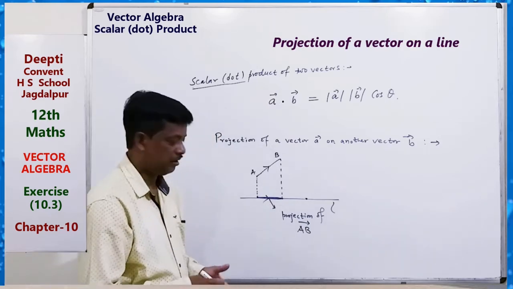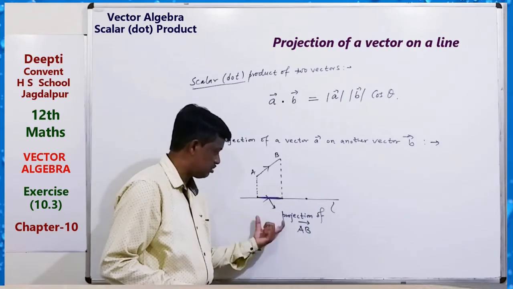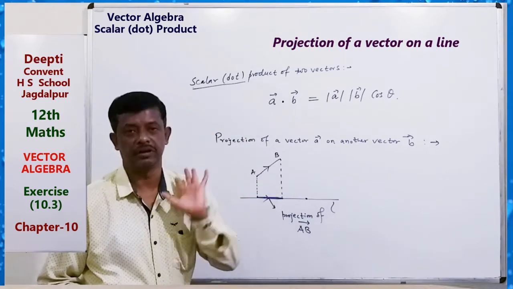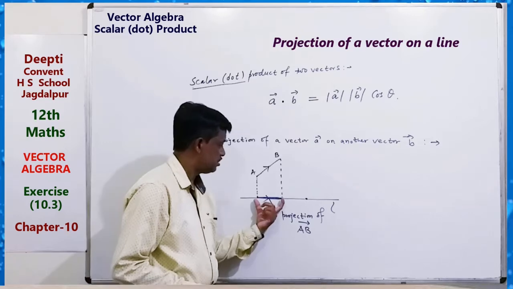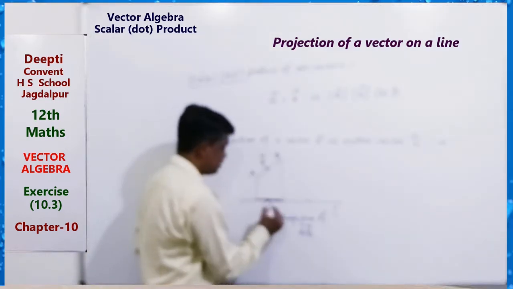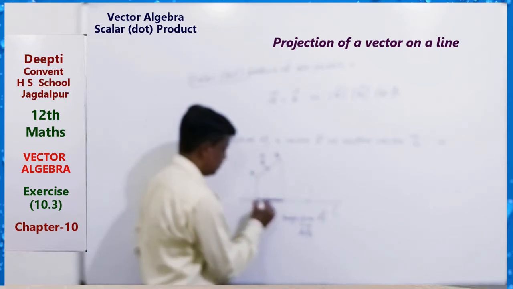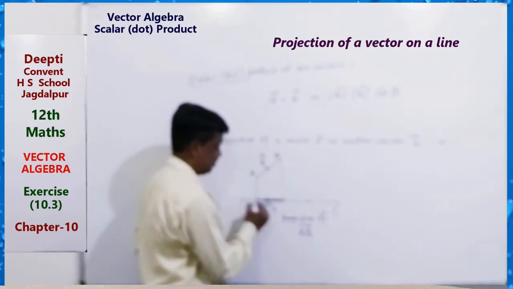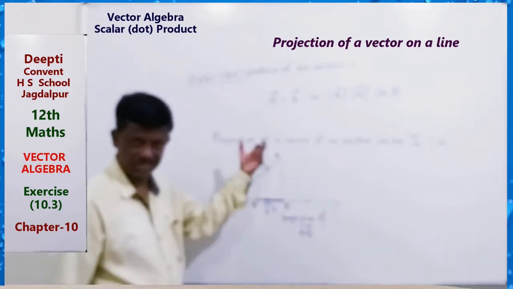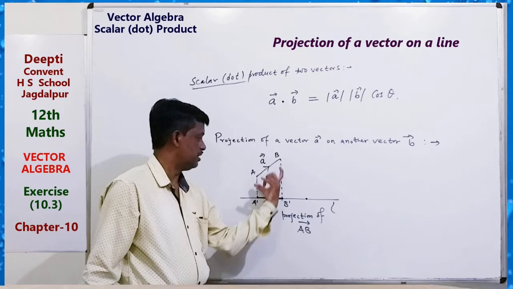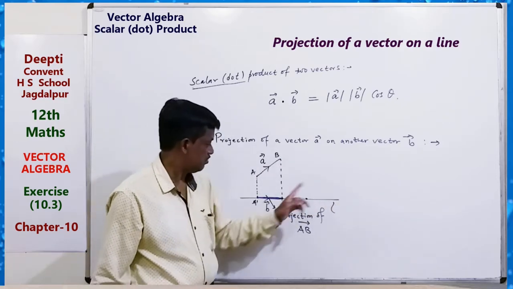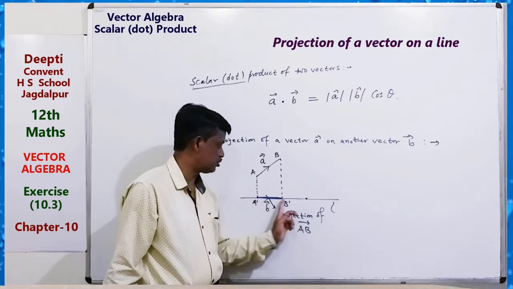Okay, and if we take the modulus of this, then that is only the projection in number, or it is the projection vector. If we denote this vector by A and this vector by B, just A dash to B dash. A dash B dash is the projection of vector AB on the line L, and along this line the vector is directed from A dash to B dash.